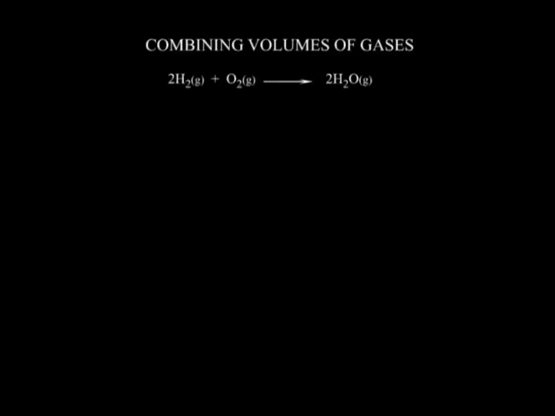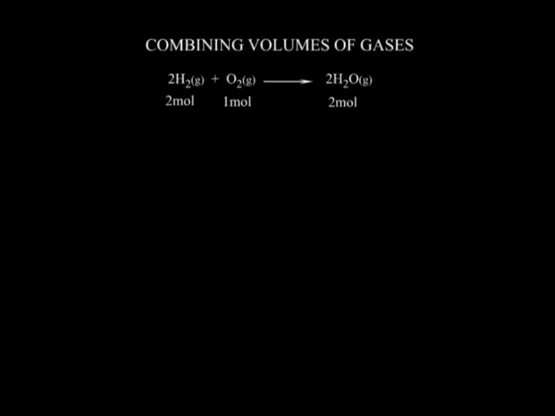Combining volumes of gases. Now, consider a reaction between hydrogen and oxygen gases to form steam. From this equation, we see that 2 moles of hydrogen gas react with 1 mole of oxygen gas to give 2 moles of steam. So the mole ratio of hydrogen to oxygen to steam is 2 to 1 to 2.